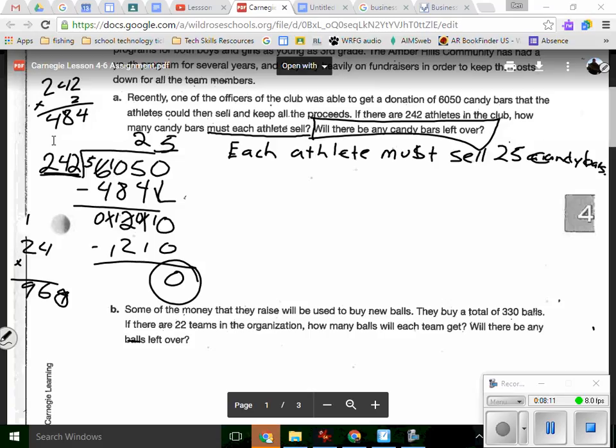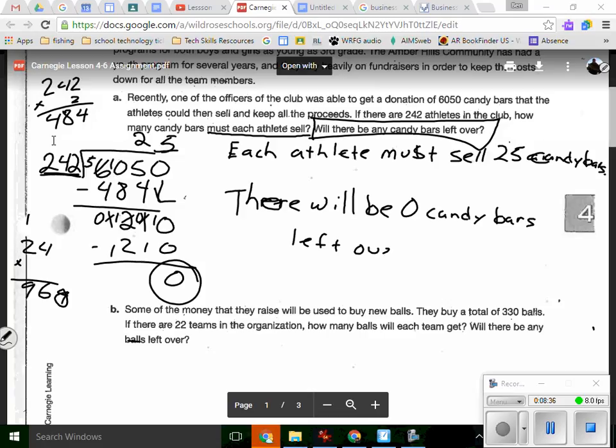So to answer the next question, you would say, there will be 0 candy bars left over.